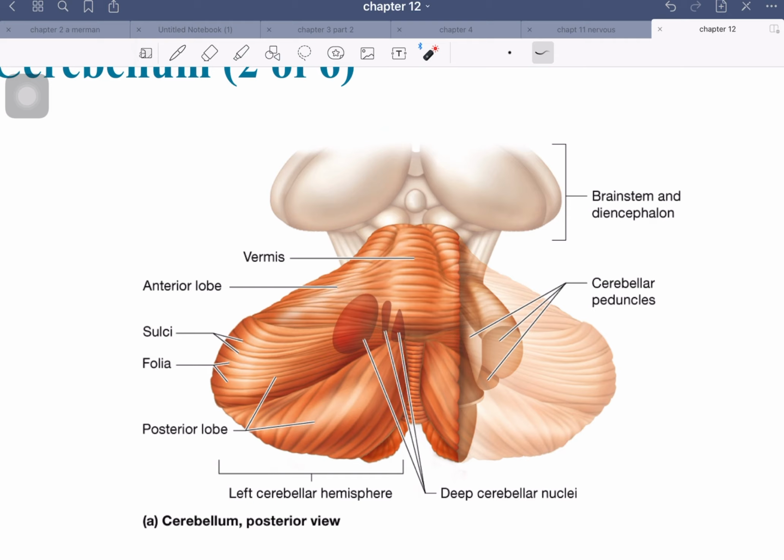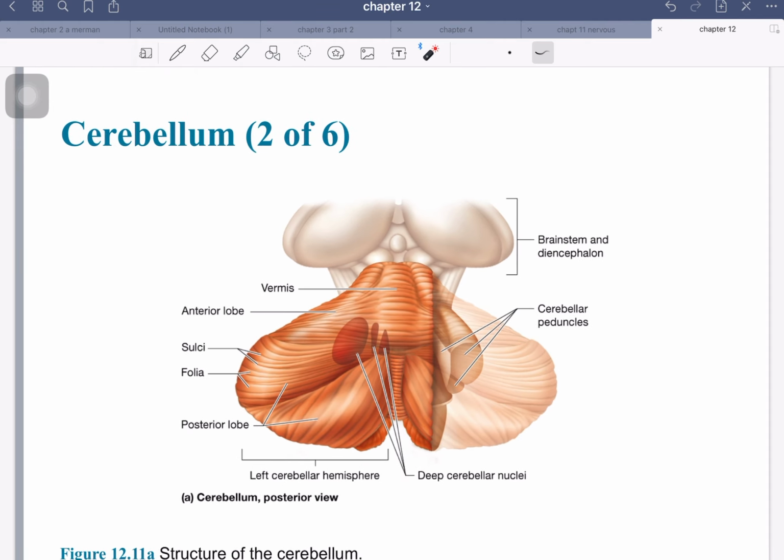So a lot of information has to go from many parts of the central nervous system into the cerebellum, be processed, and be output back to the rest of the central nervous system. These cerebellar peduncles are the highways of fibers that carry information into and out of the cerebellum. We also have some deep cerebellar nuclei located within there.